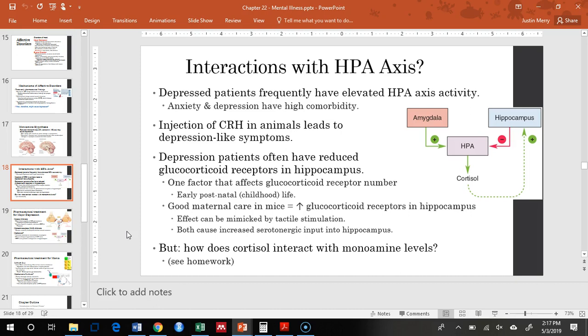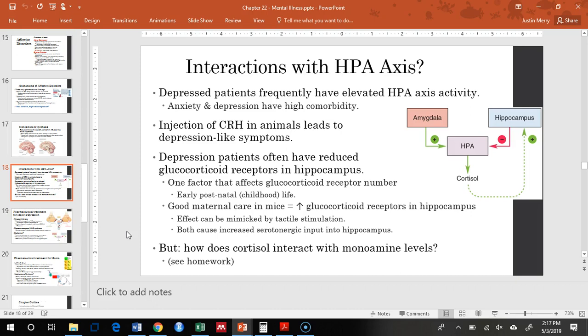But if you have chronic cortisol over an extended period of time, that can actually damage your hippocampus and affect that feedback loop such that your hippocampus is no longer able to moderate the amount of cortisol being produced by inhibiting the HPA axis.